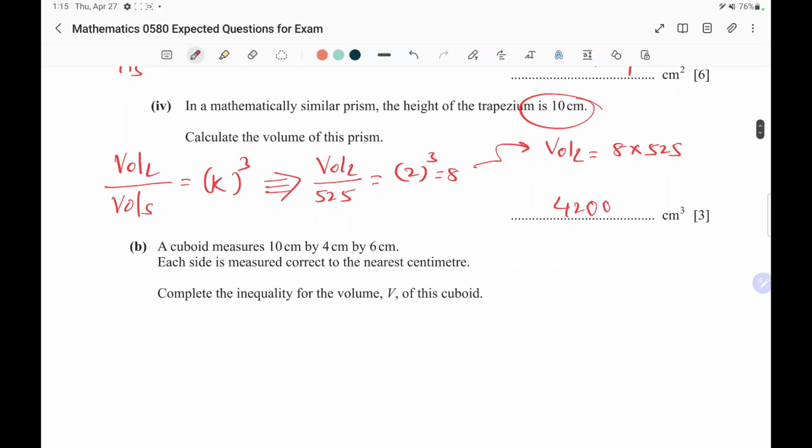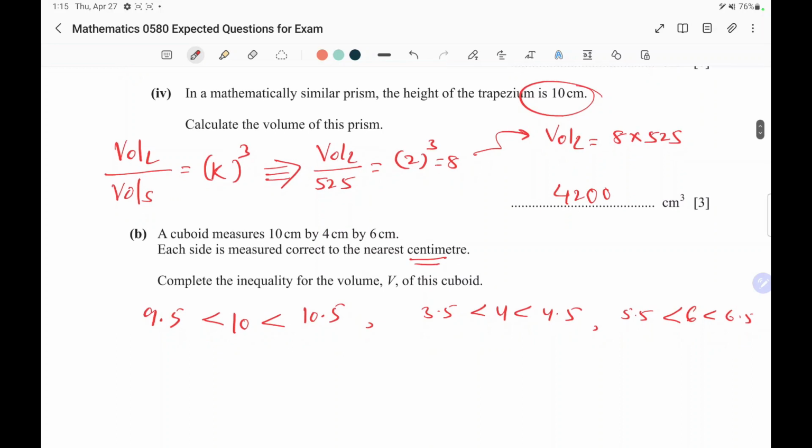So here it's nearest centimeter, okay, so that's 10 centimeter can be written as 10.5 and 9.5, upper bound 10.5 and lower bound is 9.5, right? Now 4 can also be written as 4.5 and 3.5, and 6 can be written as 5.5 and 6.5.